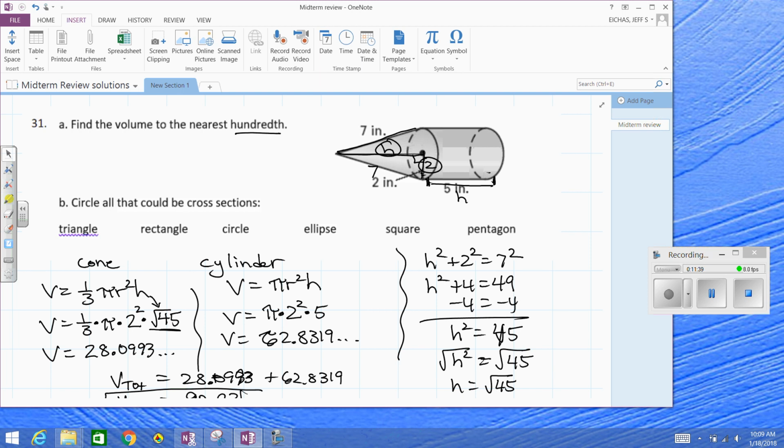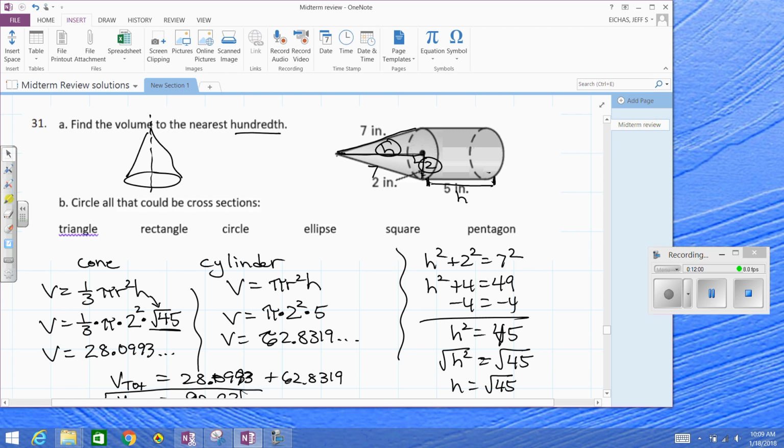Now, if we were to take just the cone, we could get a triangle with a cross section going this way. Okay, we could do that, all right?